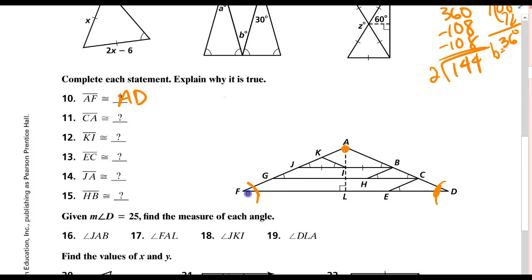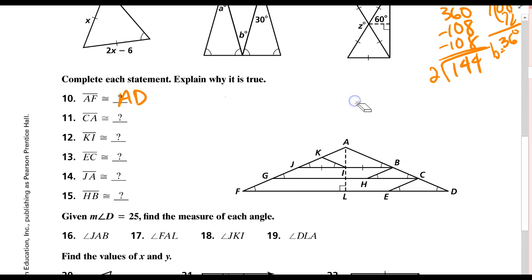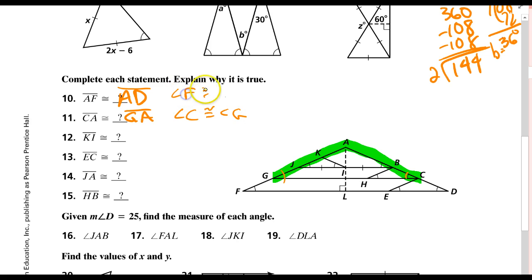So we say sides opposite congruent angles are congruent. Now, CA, let me highlight instead. C to A will be congruent to G to A. Oops, I forgot my segment sign. Why? Because angle C is congruent to angle G. And this one would be angle F congruent to angle D.